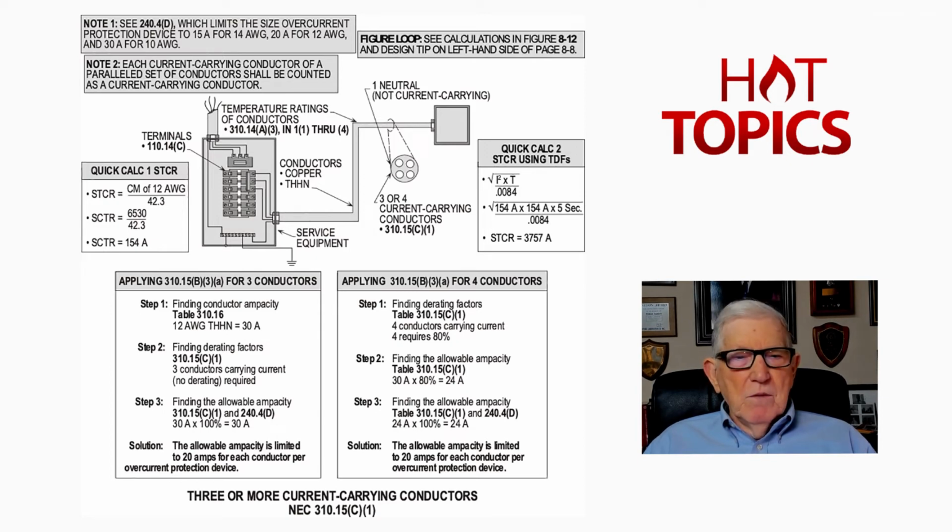Now, you could take a number 10 conductor, and I've done the math here. For the number 10 conductor that we looked at, the current squared would be basically 245 times 245 times 5 seconds, and then you divide that by 42.3, and then you would come up with the amount of amps that you put on.